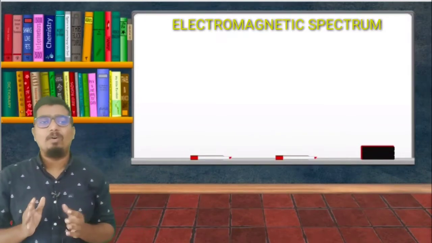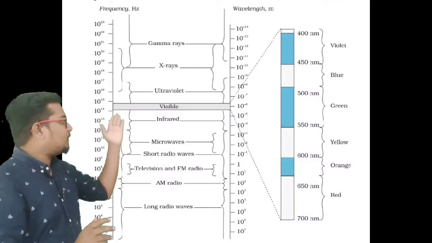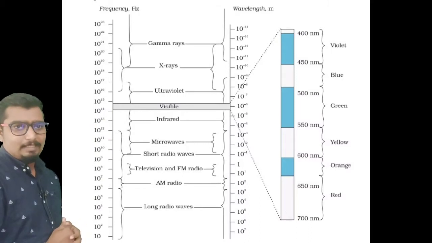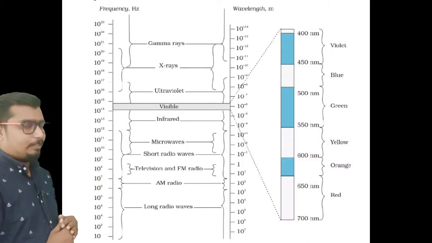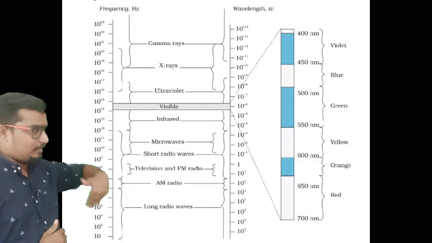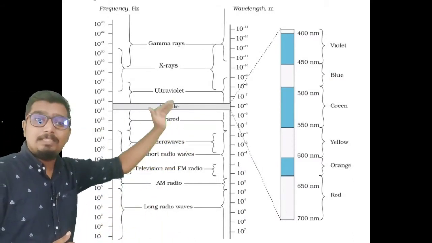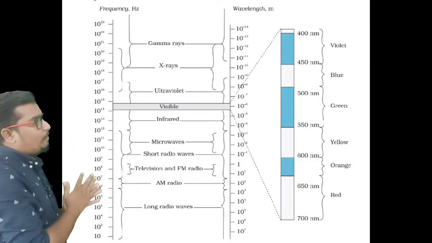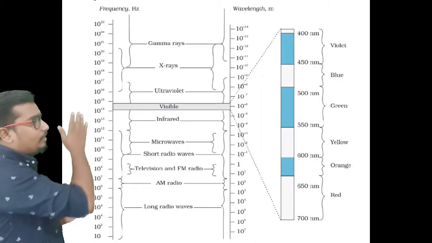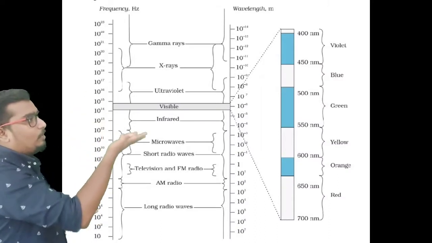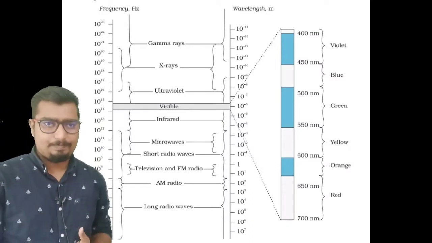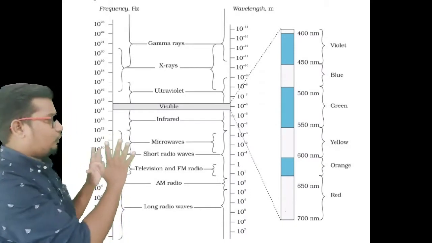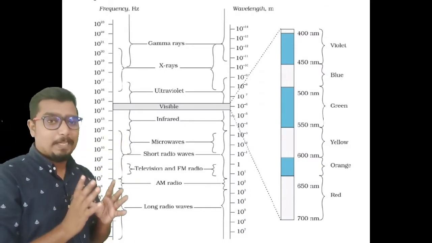This is the increasing order of frequency, and at the same time the wavelength is decreasing. This is the structure of the electromagnetic spectrum.